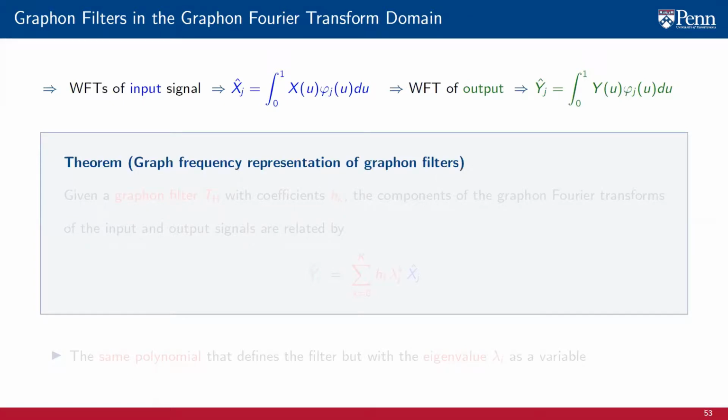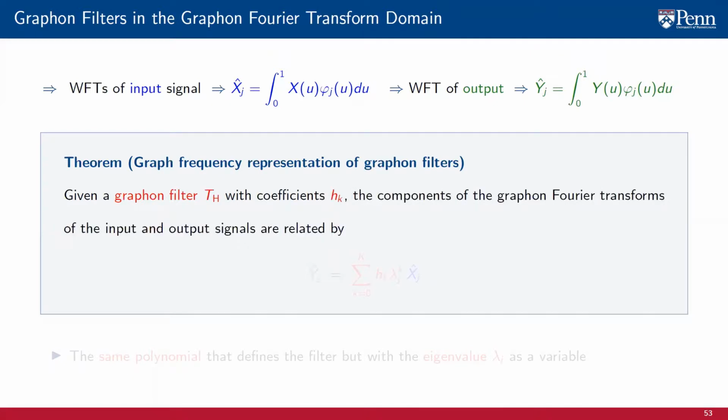Now we state a theorem for the frequency representation of Graphon filters. Given a Graphon filter TH with coefficients hk, the components of the Graphon Fourier transform of the input and the output signals are related by the following expression.